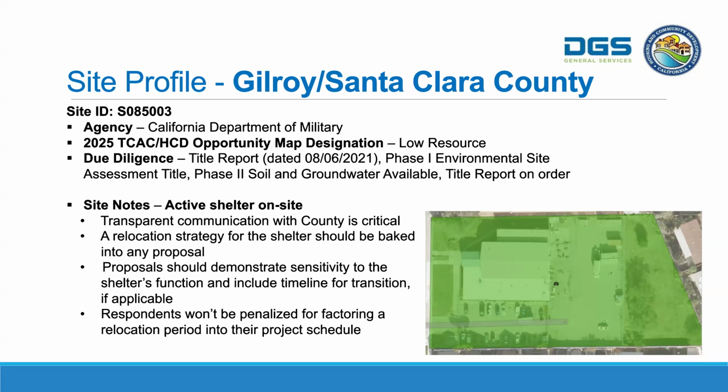Proposals should demonstrate sensitivity to the shelter's function and include a timeline for transition if applicable. Respondents won't be penalized for factoring a relocation period into their project schedule. So if you're interested in this site, I would encourage you to reach out to the county directly to help inform your proposal. Next slide.